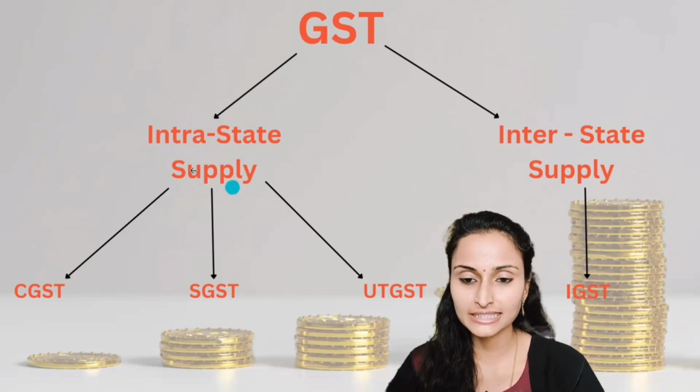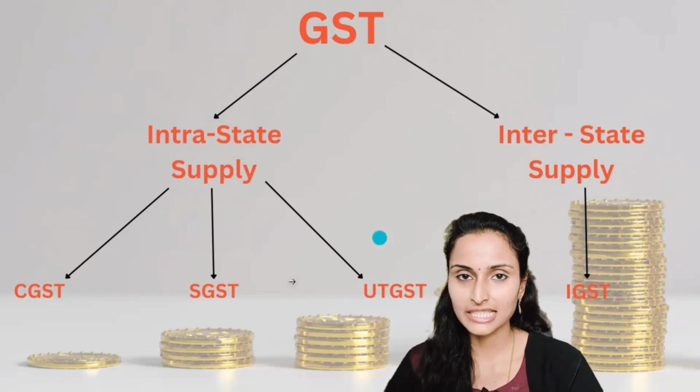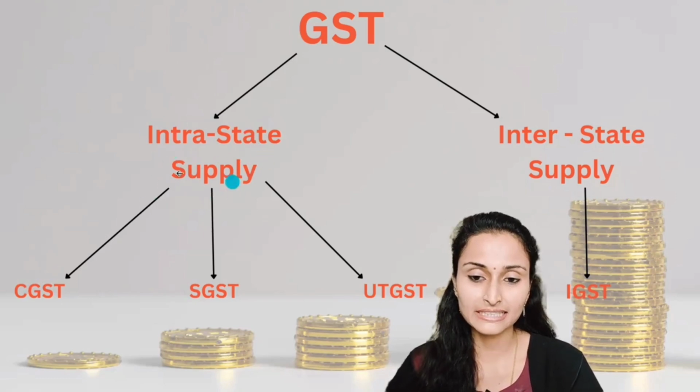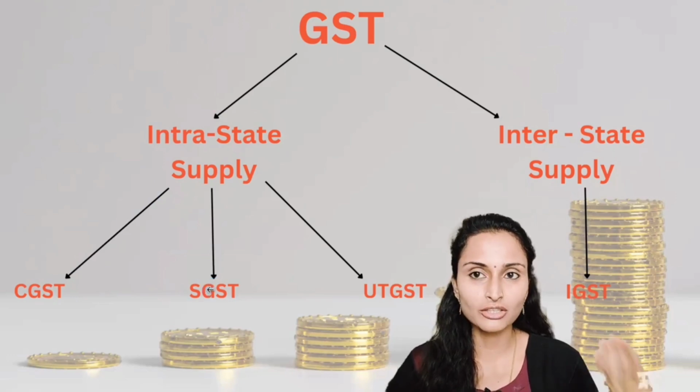One is intra-state supply, that is within the state, and the other is interstate supply, that is out of the state. If you are supplying intra-state, you have to collect CGST and SGST from your customer, and you have to pay the same to the government.